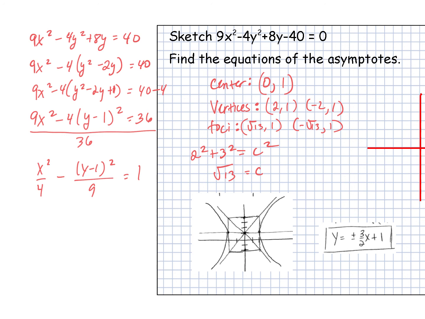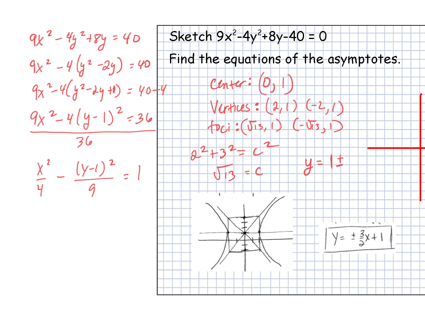And the last piece is I have to come up with those asymptotes for the horizontal transverse. So when I'm doing asymptotes when it's horizontal, the b is over the a. So my linear equations, y equals k, which is a 1, plus or minus. It's the 1 because it has to shift. That's my y-intercept. That's where my center is. It's going to cut through the center.